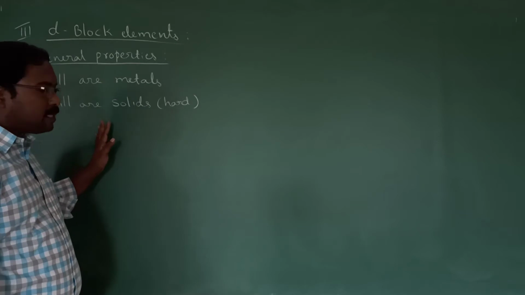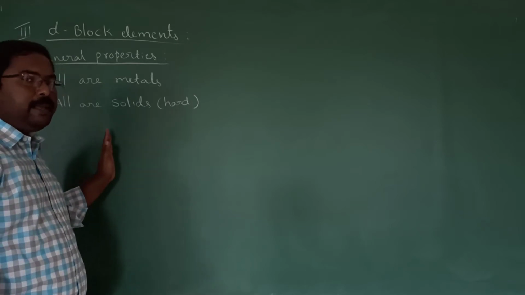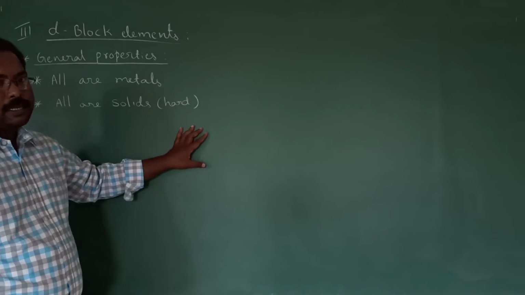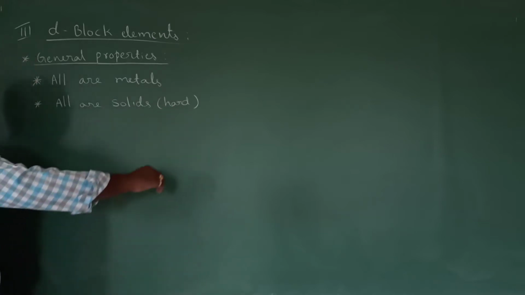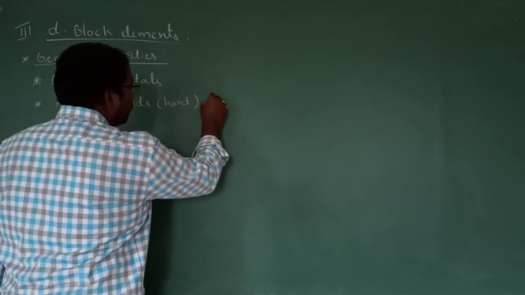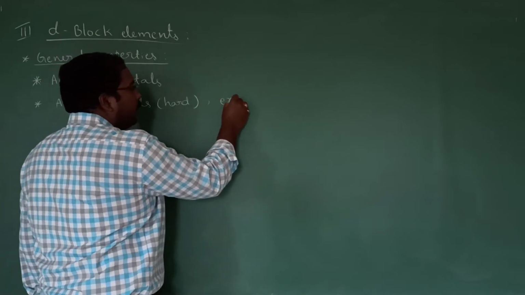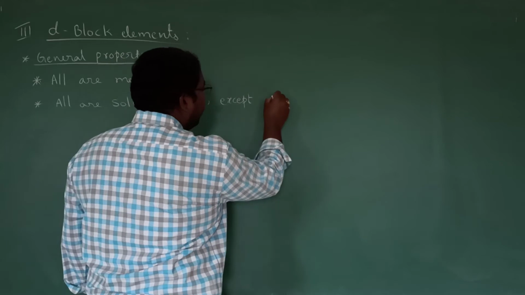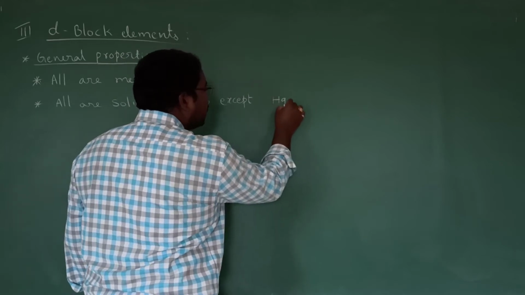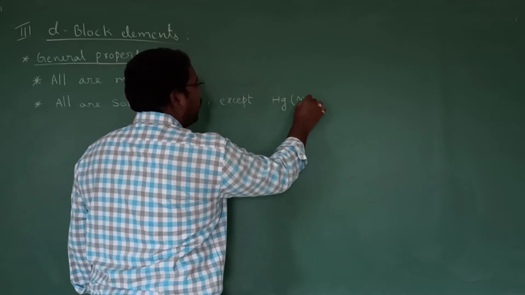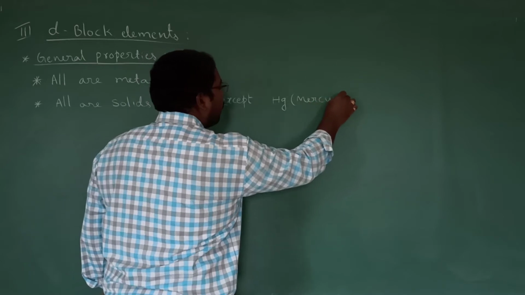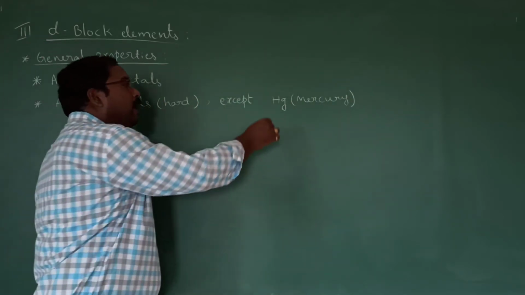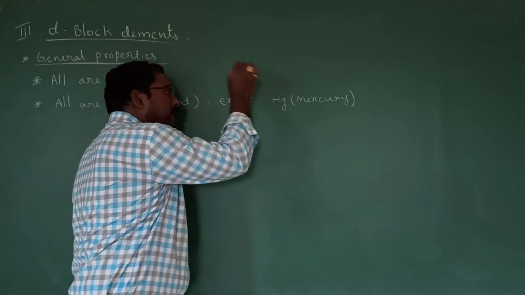But coming to P block, D block elements, these are hard solids. Okay? But there is an exception. Except only one metal, that is mercury. Except mercury, all the remaining are hard solids.